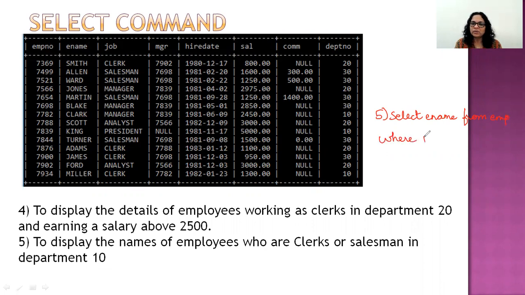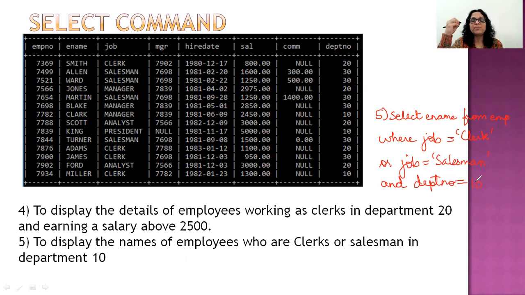WHERE job is equal to 'clerk' or job is equal to 'salesman'. Now you need to understand it can't be an AND, because one person cannot be a clerk as well as a salesman, correct? And he should be in department 10, so AND DEPTNO is equal to 10.